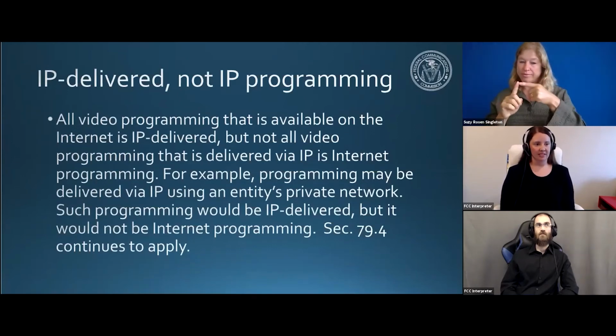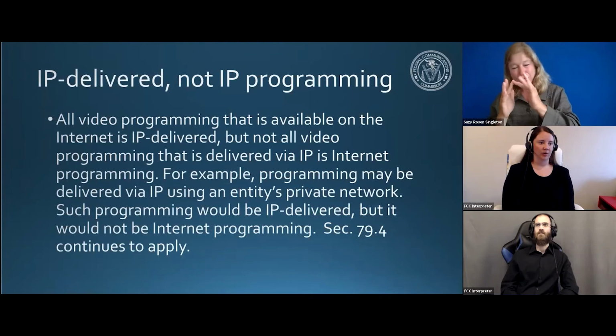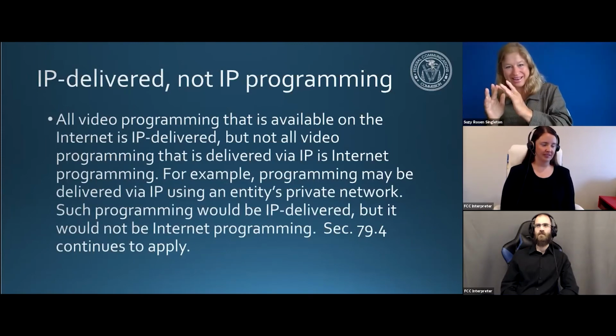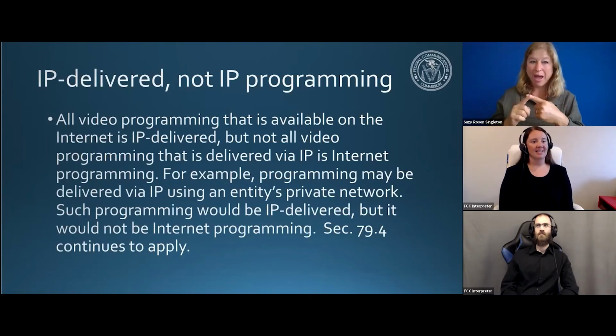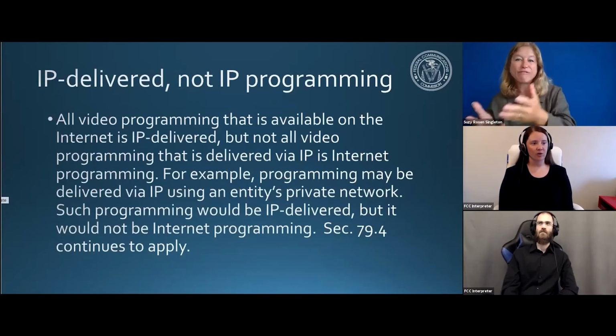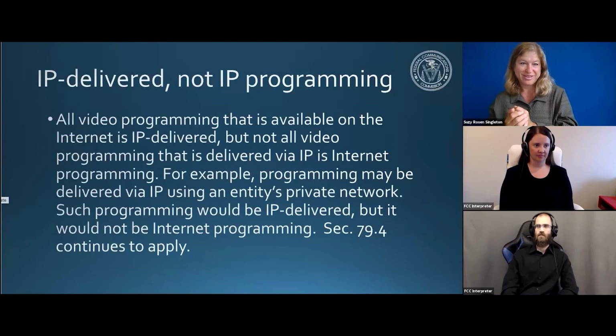I do want to emphasize this is an important point. The CVAA and our rules emphasize that it is not about whether or not it's been shown on IP or on the internet, but it's actually about if it was IP delivered.